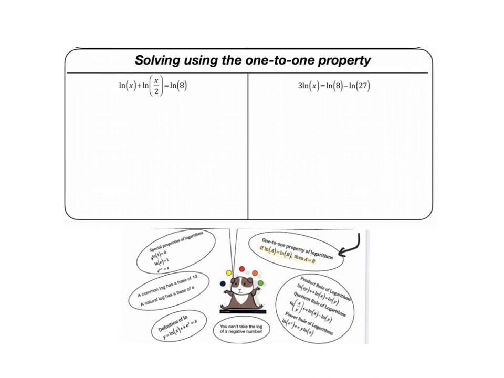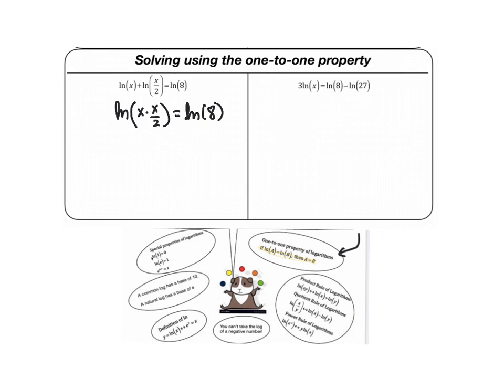So let's do that. Let's go the natural log of x times x over 2 equals the natural log of 8. Okay, so far so good.